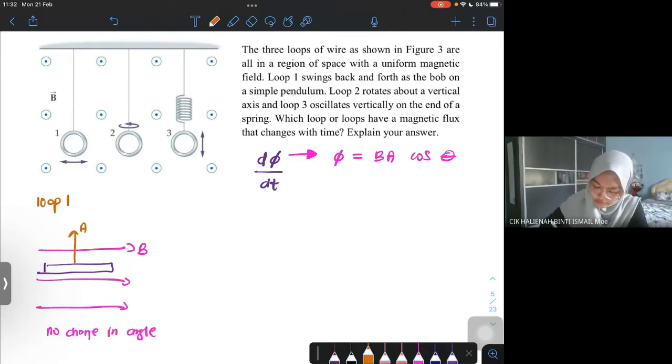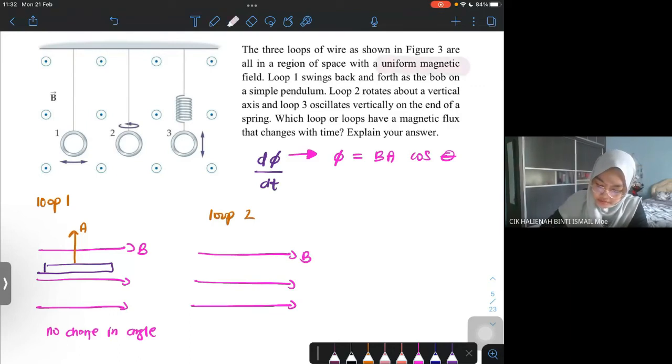And then loop number 2. So we have a uniform magnetic field. Sebab dia sudah mention, right? It is a uniform magnetic field. So B ni constant. Yang akan berubah adalah the angle between these two. Okay, now we have the same plane. Now this plane will rotate.